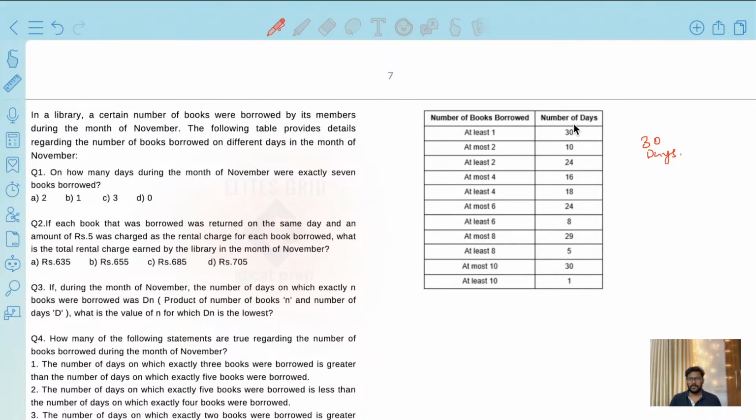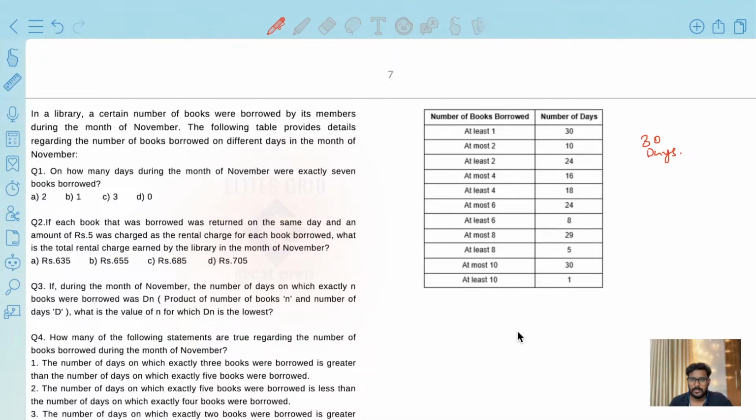What number of days? At most six, at least six. At most, at least. What is this? In a library, number of books.